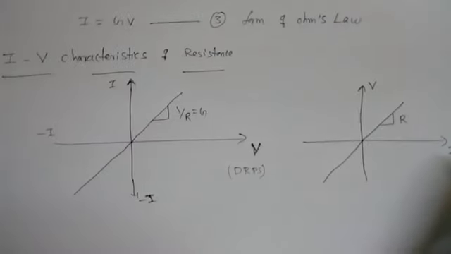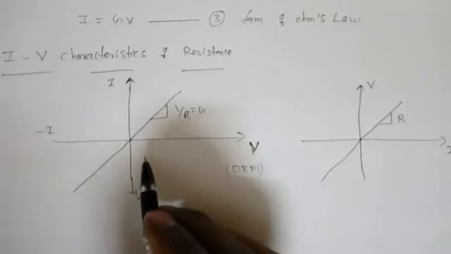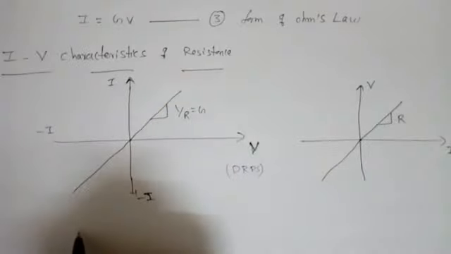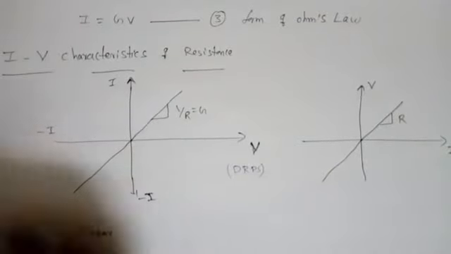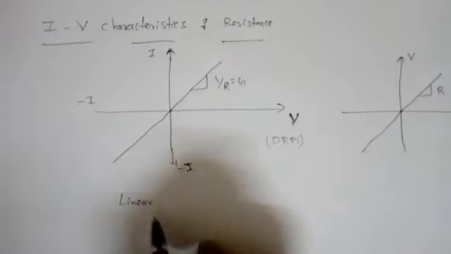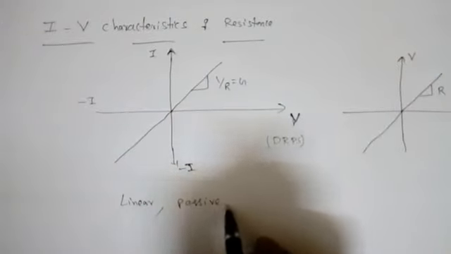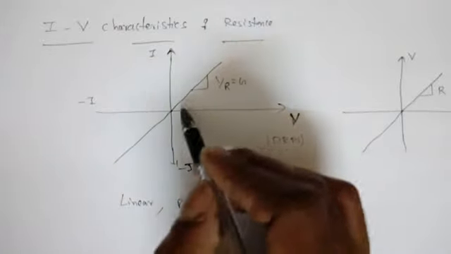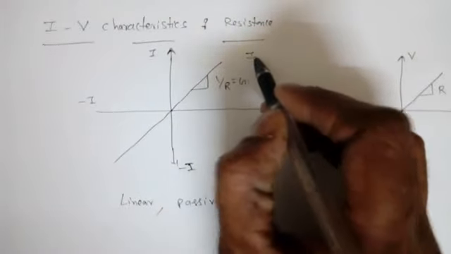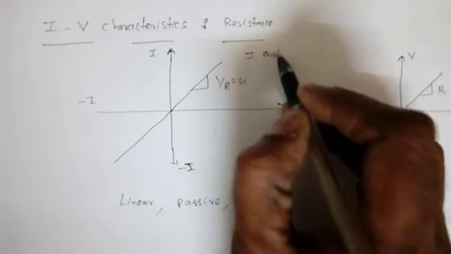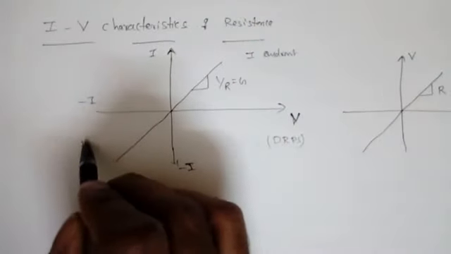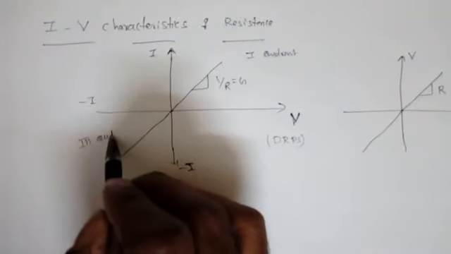Now if you compare with the classification of elements, the resistance is linear. The slope is positive, so we can say it is a passive element. And if you see the slopes, this is generally called the first quadrant, and the opposite is the third quadrant, right?